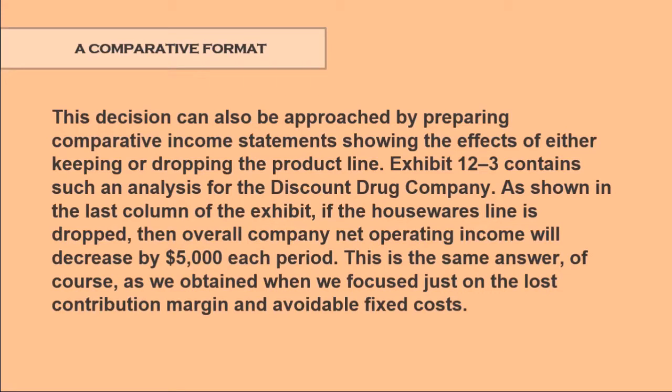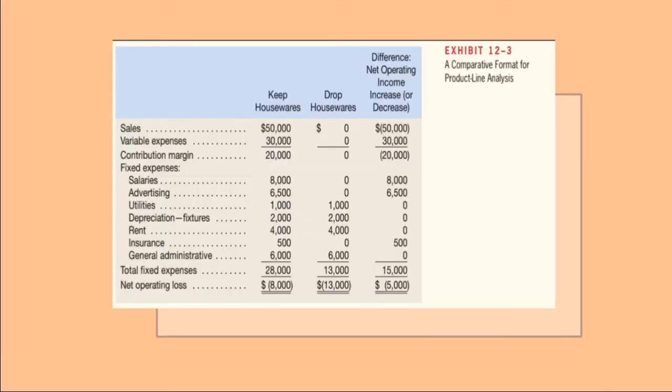As shown in the last column of the exhibit, if the housewares line is dropped, then overall company net operating income will decrease by 5,000 pesos each period. This is the same answer, of course, as we obtained when we focused just on the lost contribution margin and avoidable fixed cost. So this is Exhibit 12-3, a comparative format for product line analysis.